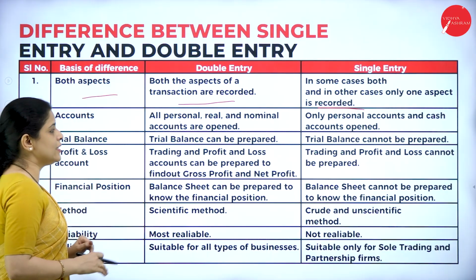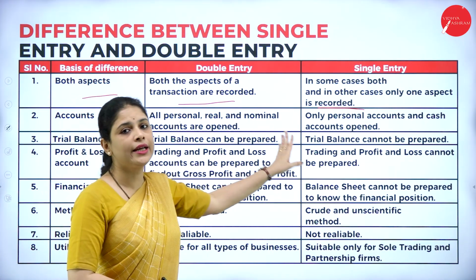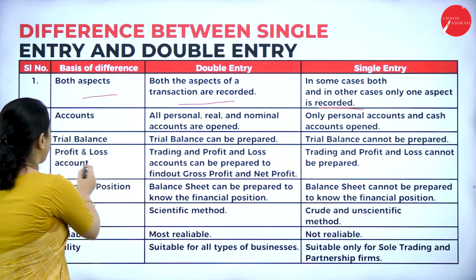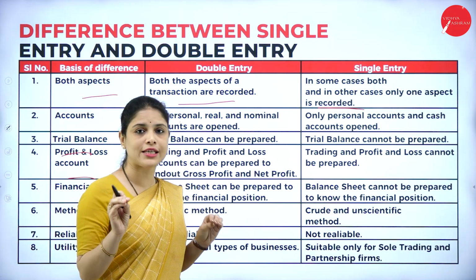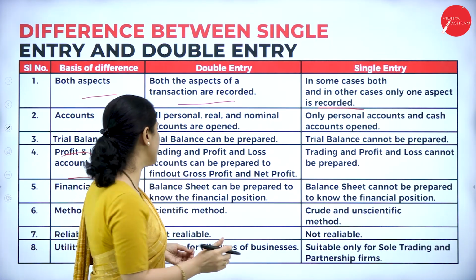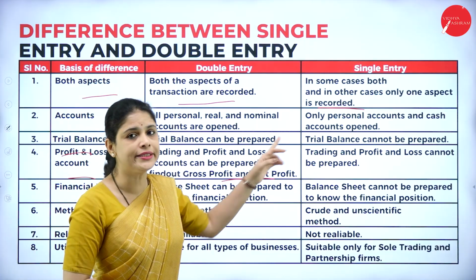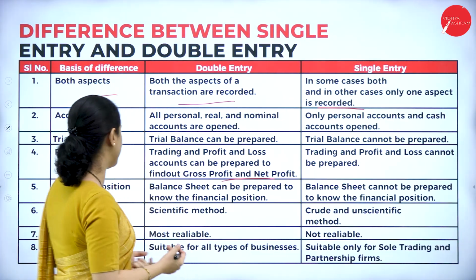Next, trial balance. In double entry system, trial balance can be prepared, but in single entry system, trial balance cannot be prepared. Profit and loss account. In the double entry system, trading and profit and loss accounts are prepared. Why? To find out the gross profit and net profit of the organization. But in single entry system, trading and profit and loss accounts are not opened.